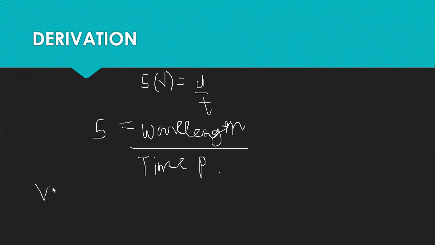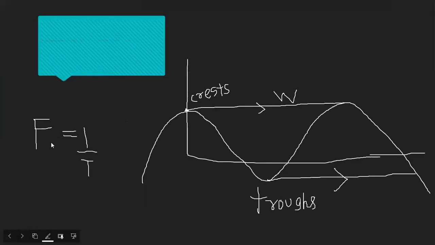So V equals, we can denote the wavelength by this Greek alphabet lambda and time period by capital T. So when you shift, you can also write this as V equals lambda into 1 by T. So as we have seen in the previous slide, frequency equals 1 by time period.